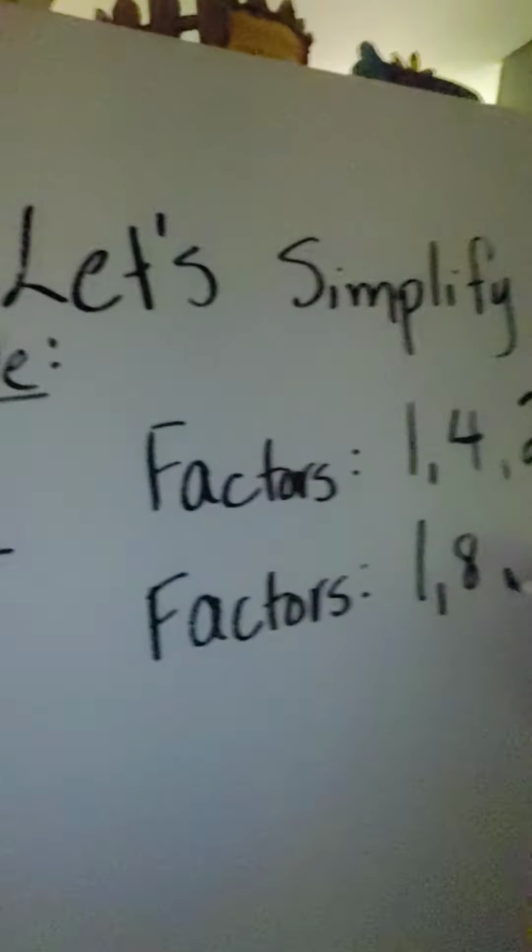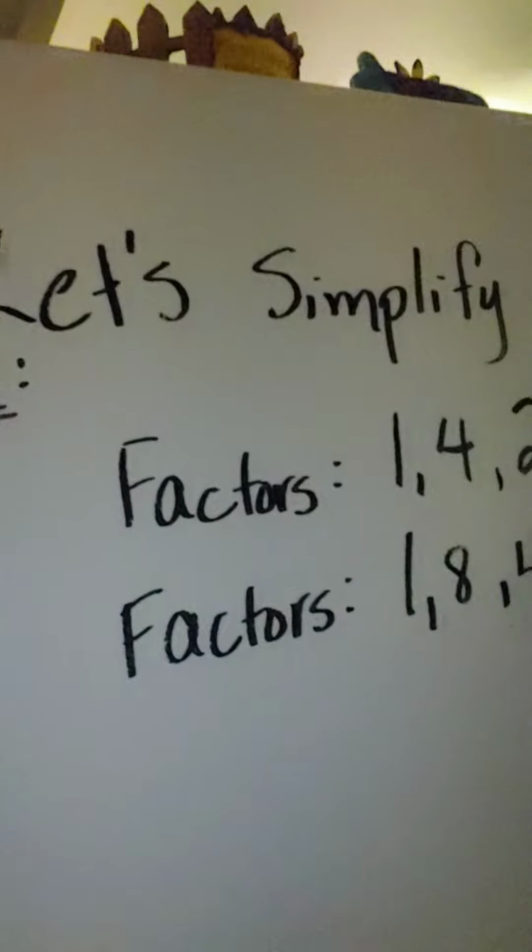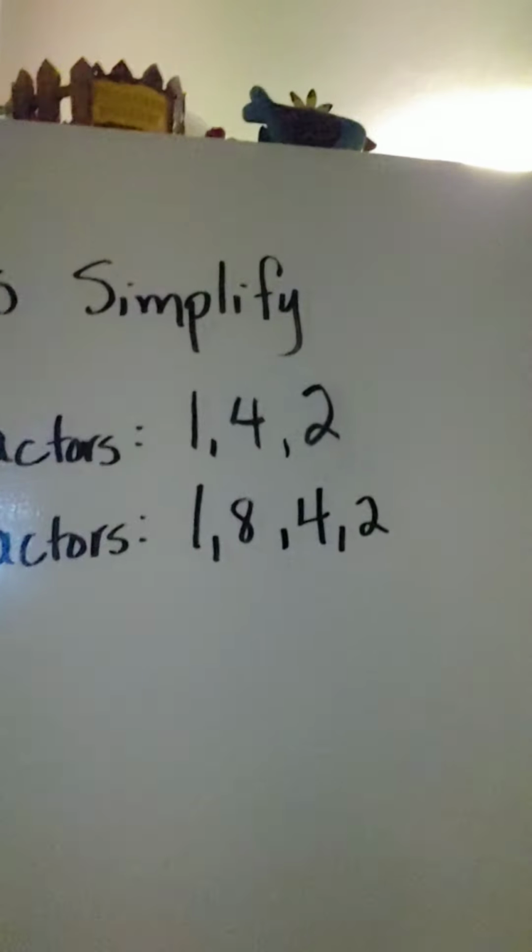Let's think about that for a minute. What times what equals 8? I think I hear you saying it. 4 times 2. You're right. So we also have 4 and 2 as factors of 8. Can you think of any other numbers that we can multiply together and get 8? I can't. So we're finished with the factors for 8.